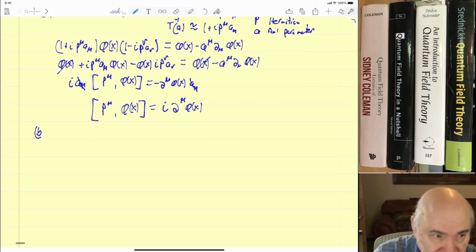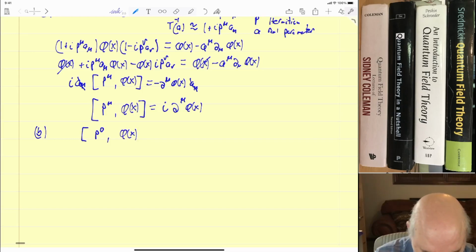Now in part B, we want to show that the time component of this equation that we just established is equivalent to the Heisenberg equation of motion. So the time component of this equation is P0 phi of x.